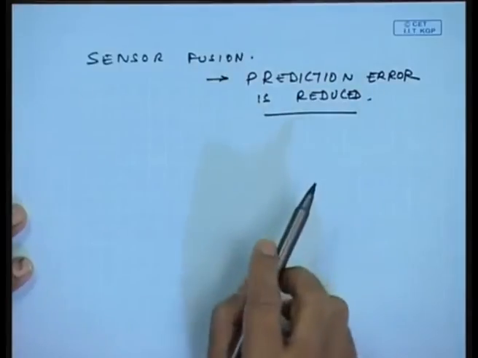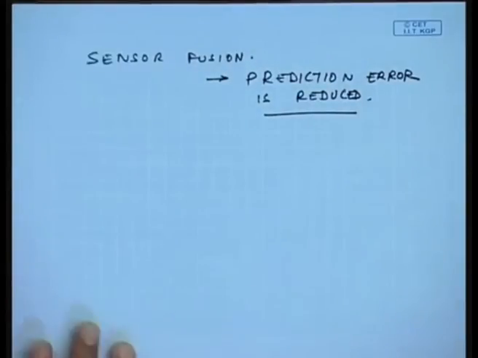Okay. So in summary, to do fault detection, isolation and identification, two important strategies are used. One is the model based fault detection method, another is the data driven or the signal based detection technology.